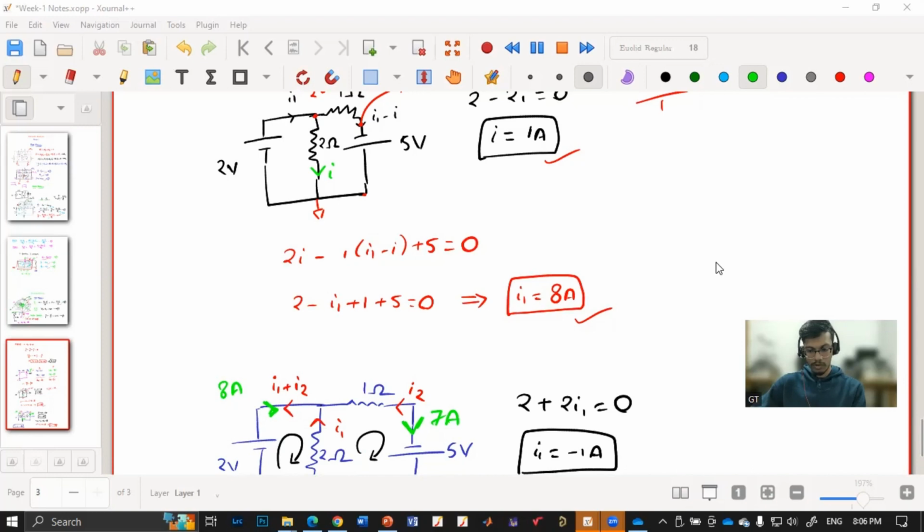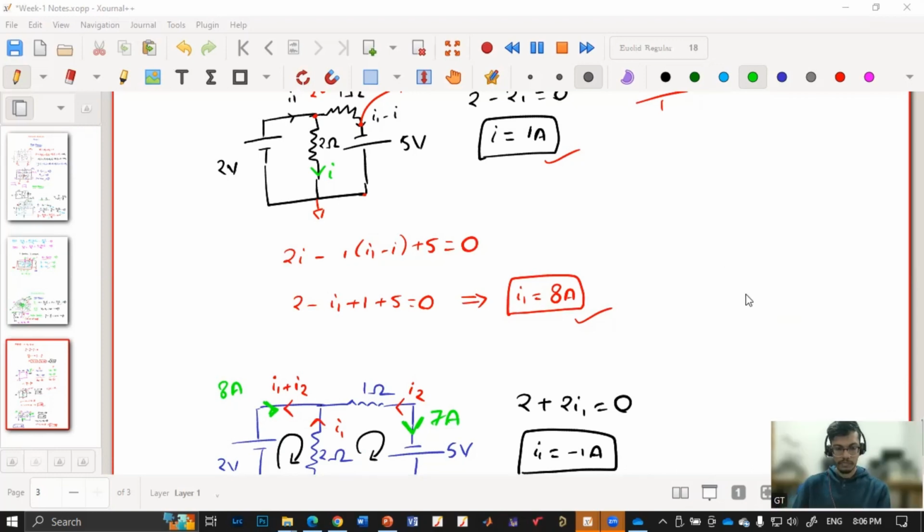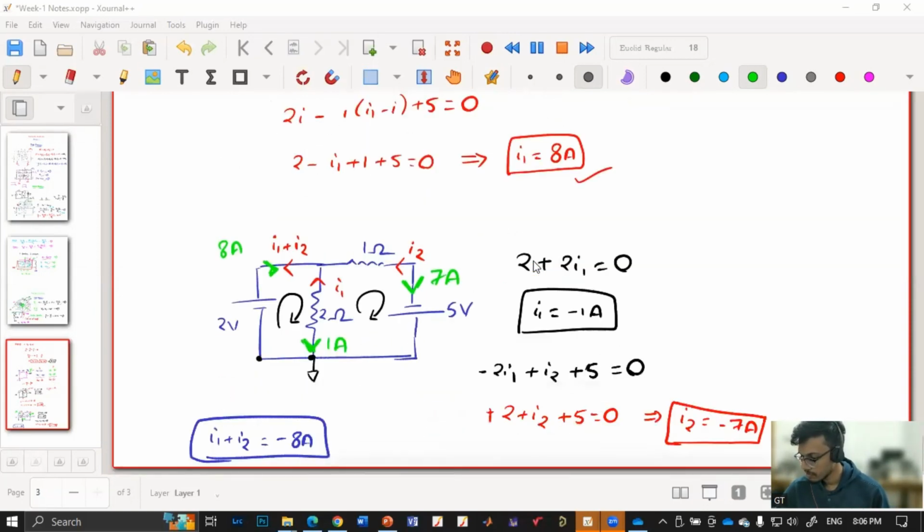Okay, then I have a question. Previously we just reversed the terminals to avoid the short between the two batteries, right? Yes. So, for example, if 2 different voltages are shorted in the given problem, let us say 2 volt and 5 volt, positive polarity and positive polarity are shorted, negative polarity and negative polarity are shorted.